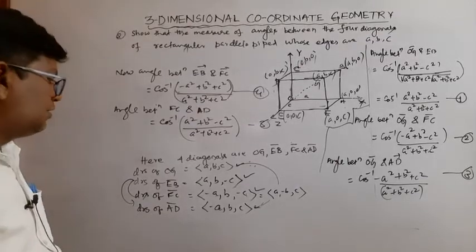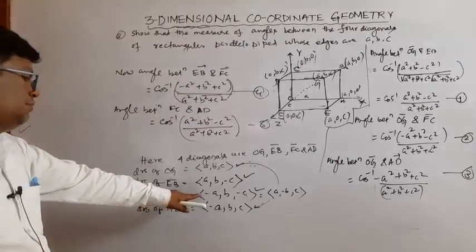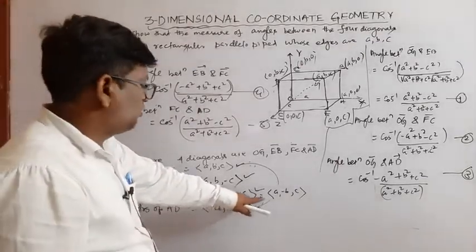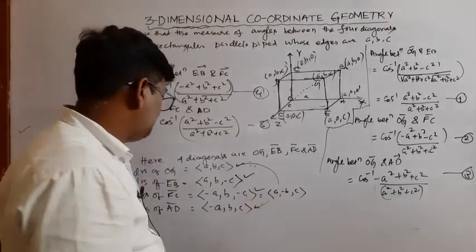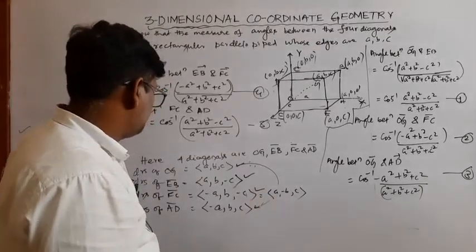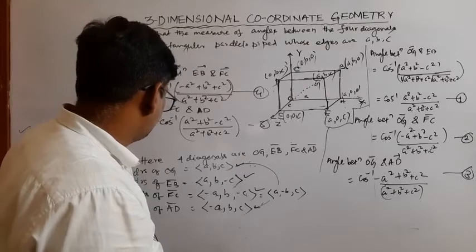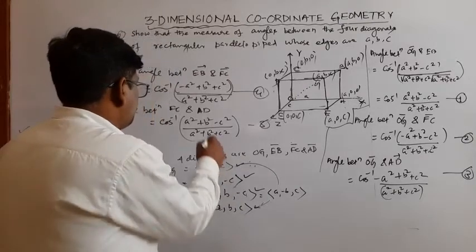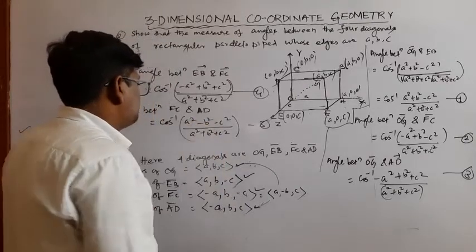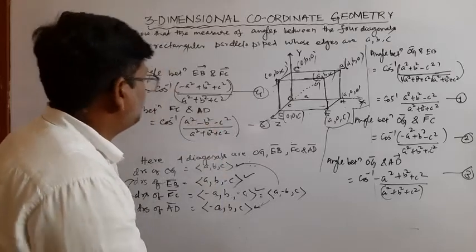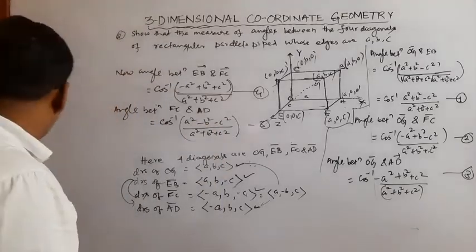Now the direction ratios of FC are minus A, B, C, or we can write A, B, C. So what is the angle between FC and BD? This is minus. This is minus. Okay, this is 5.